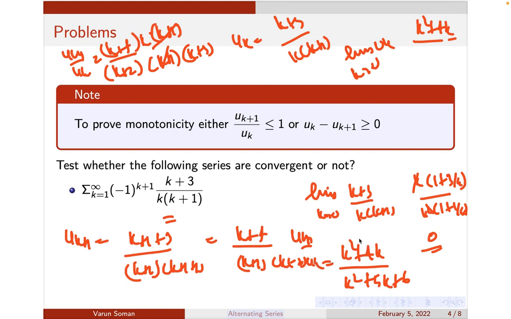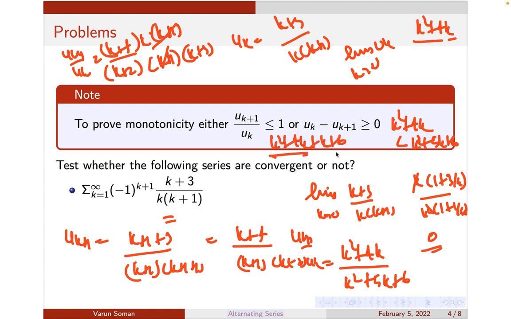Okay, now what can you say about this? Basically your k is a positive integer, because it is an index. So k is from 1 to infinity, so definitely your k square plus 4k should be less than or equal to k square plus 5k plus 6, because k is a positive integer. Why? Because I can write k square plus 5k plus 6 as k square plus 4k plus k plus 6.